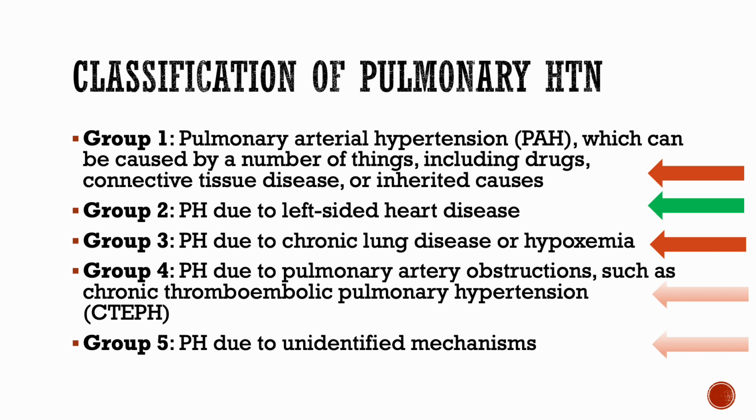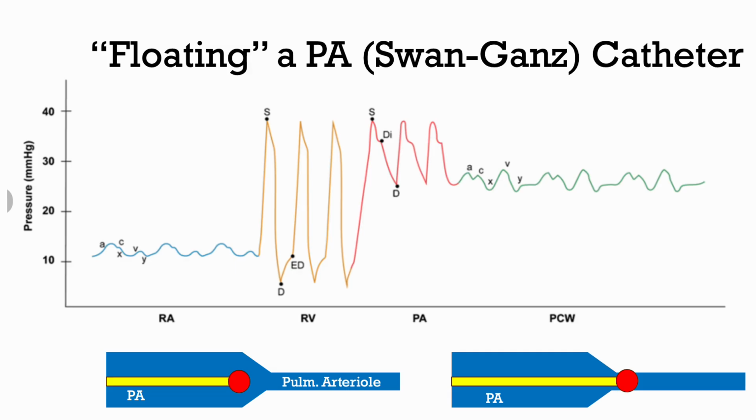But these are your classic split: is your pulmonary hypertension due to high left atrial pressures, where something's wrong with your left heart that's building up volume, or is it a PVR problem? This is how you distinguish those using a PA catheter, a Swan-Ganz.